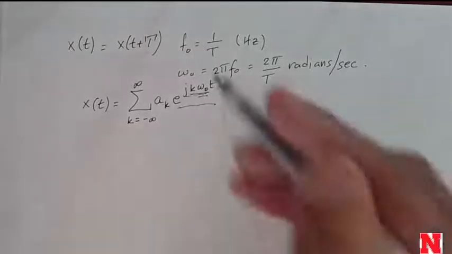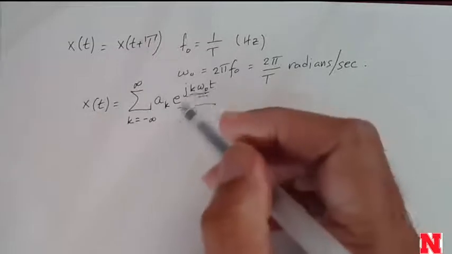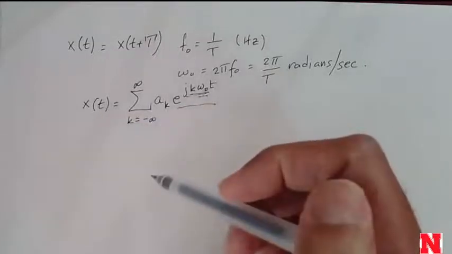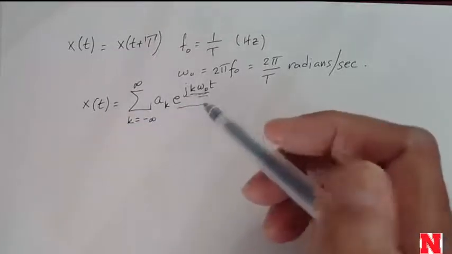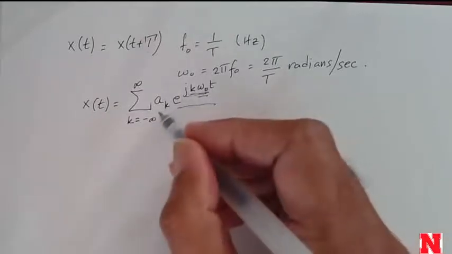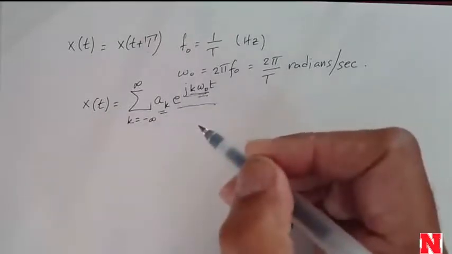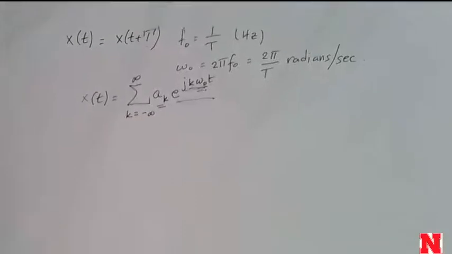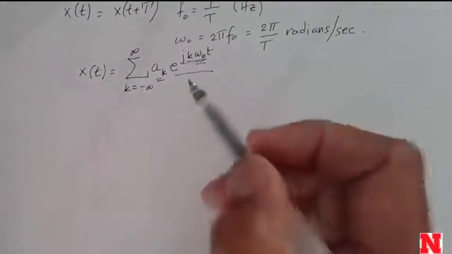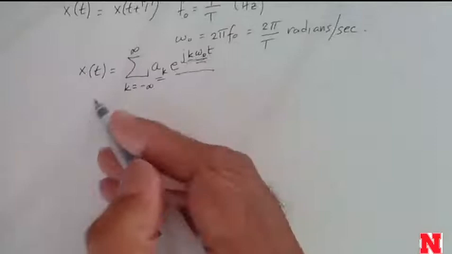Okay, great. So we have this, and we are claiming that we can represent all periodic signals using this. How do we find these coefficients? In order to find these coefficients, we will use a very simple property or a relationship, which is this.